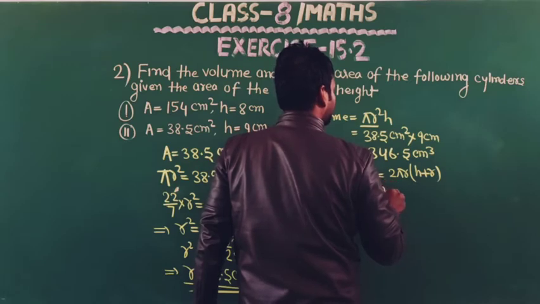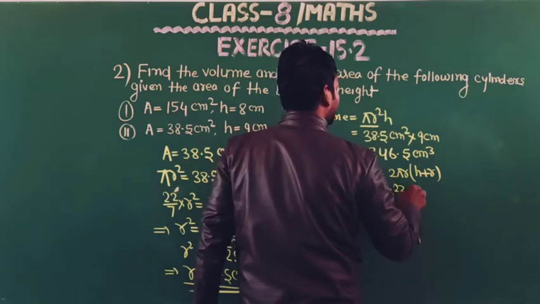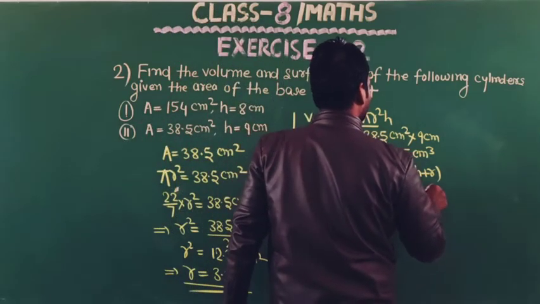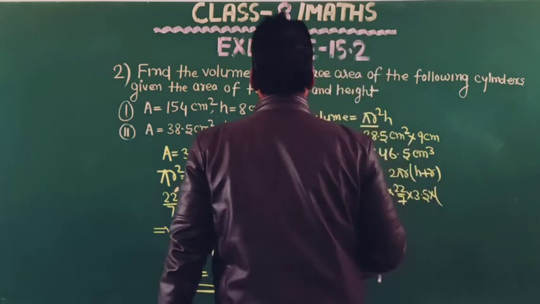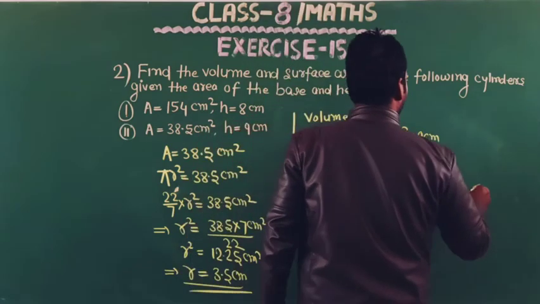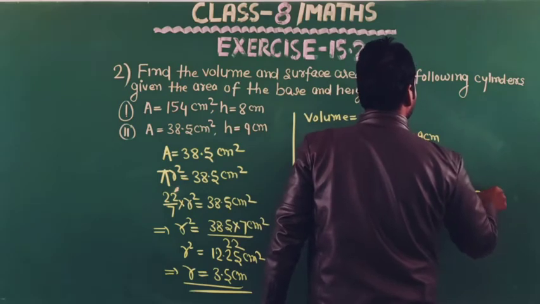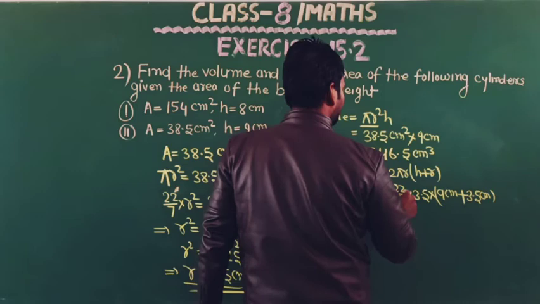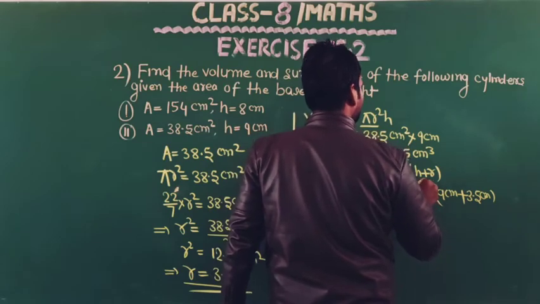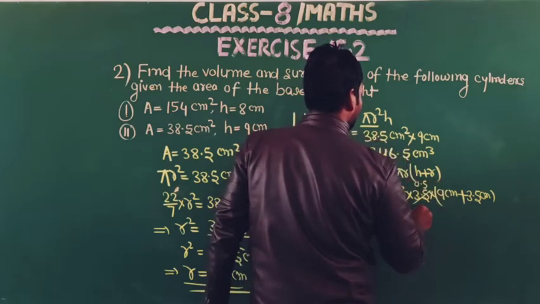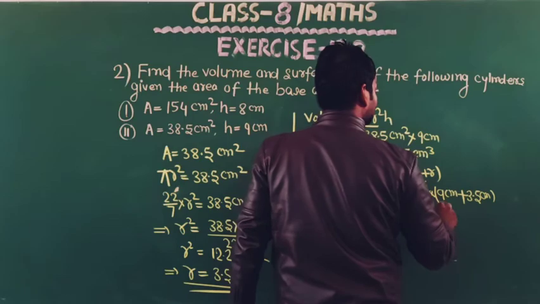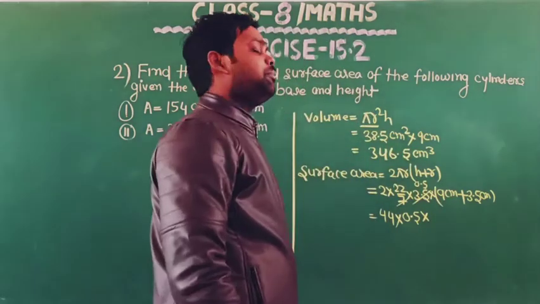So this is 2 into pi, which is 22 by 7, and radius r is 3.5 centimeter, into h is 9 centimeter plus radius 3.5 centimeter. 2 into 22 is 44, into 7, 5 are 35, 0.5, into 9 plus 3.5.